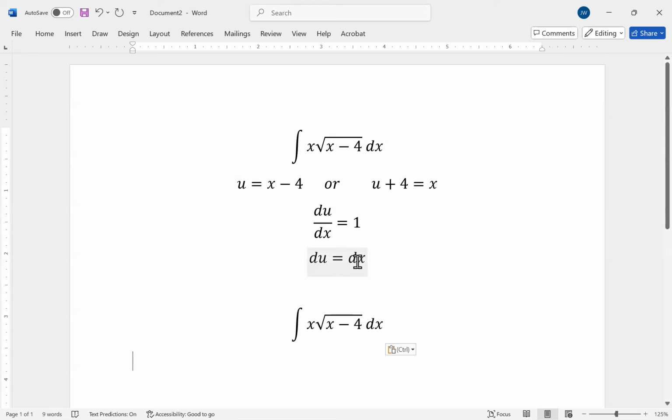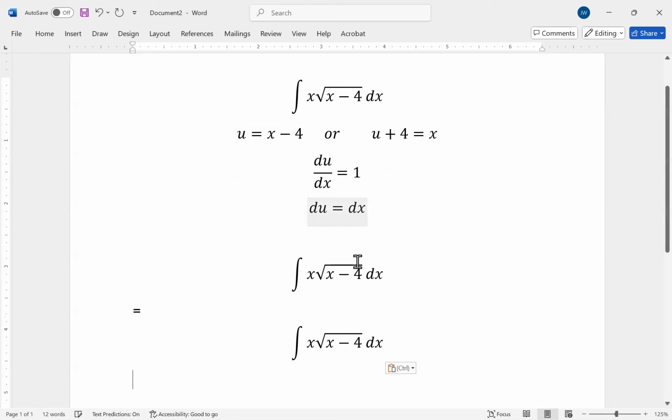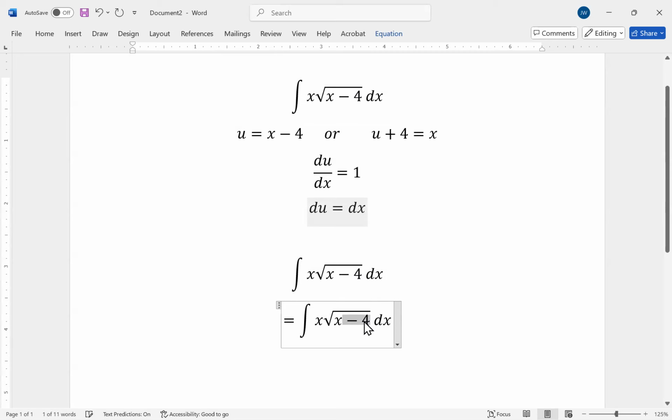So now I'm ready to substitute. The x minus 4 underneath the square root is going to become a u. The dx turns into a du, and the x turns into a u plus 4.